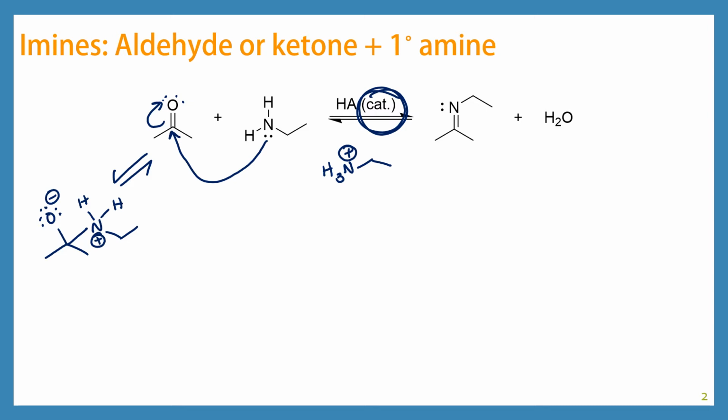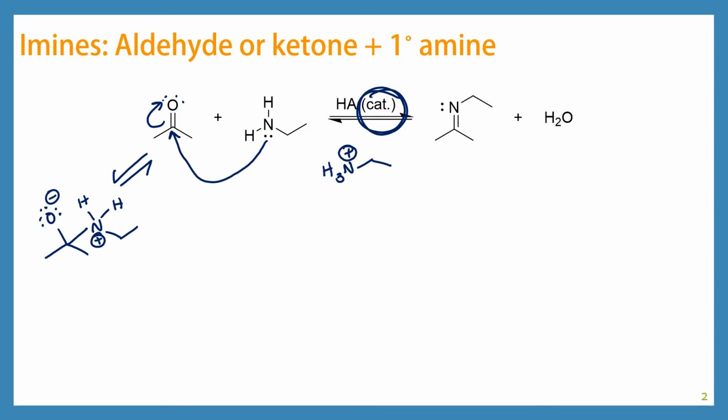But from here, we are an acid, and we do have a fairly basic atom here. If you go on the internet and you look at this mechanism, you're very likely to see somebody doing an intramolecular proton exchange. That's not particularly favorable.